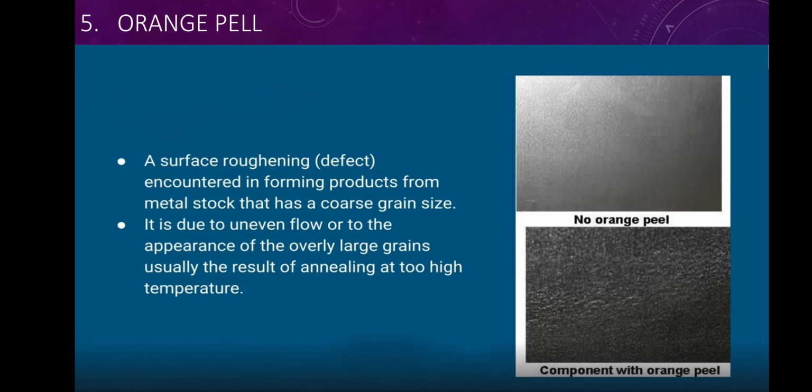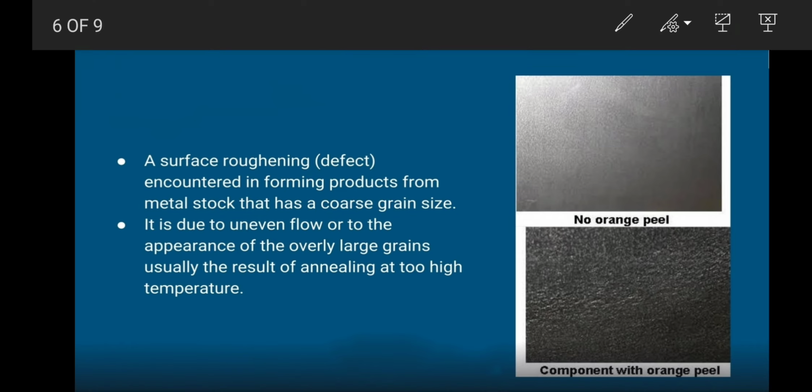The next one is orange peel. We have to see orange peel. In the first diagram there is no orange peel, but in the next diagram, if we see its surface, it feels like an orange, right? So you can imagine why we have given this name. This is due to surface roughness encountered in the formation of parts produced from metal stock that has a coarse grain size.